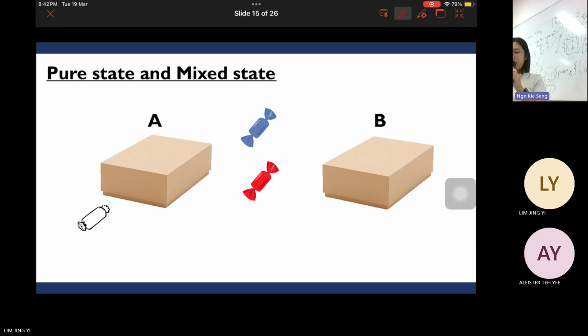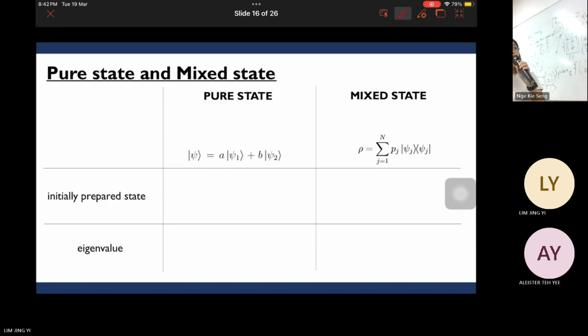This is the pure state. But for box B, you put a few sweets inside, consisting of some blue sweets and red sweets, and you likewise don't know the color of the sweet you take out until you open the box and take it.